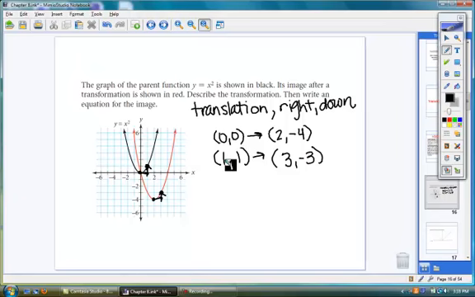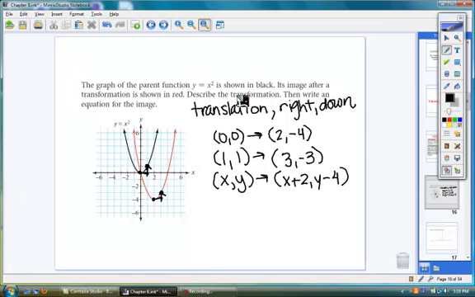And what I notice is that the x is still changing by 2, the y is still going down by 4. So I can write my general rule as we have in the previous section and on your packet, that x, y becomes x plus 2 and y minus 4. And so now we've described the transformation.